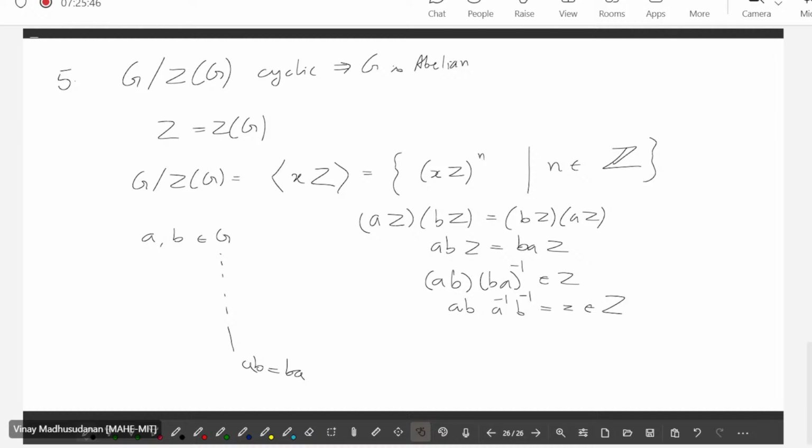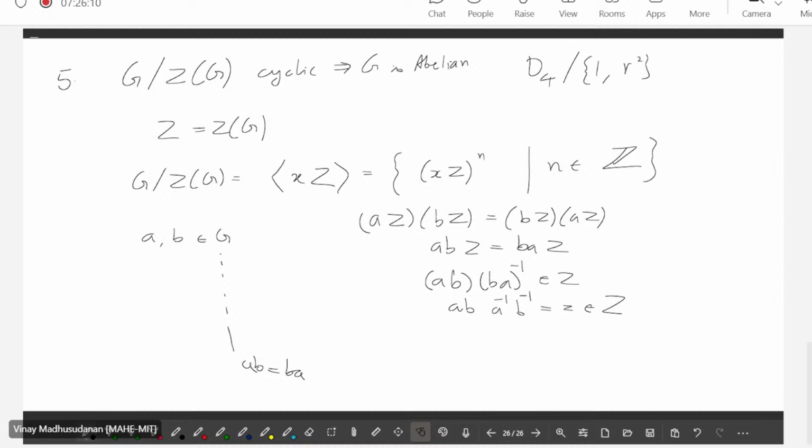When you quotient by the center, for example, the triangle group of order 8, P4, quotiented by its center, which is 1 comma r square, is abelian. It's order 4, and order 4 means abelian. In fact, it's the Klein 4 group.